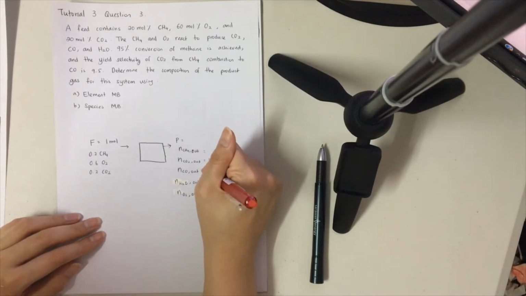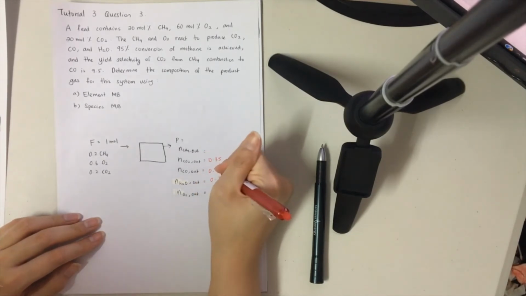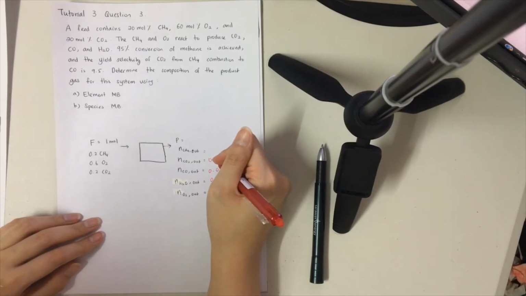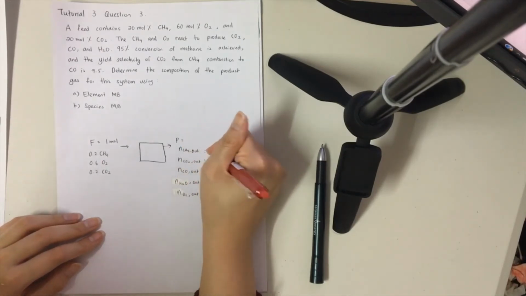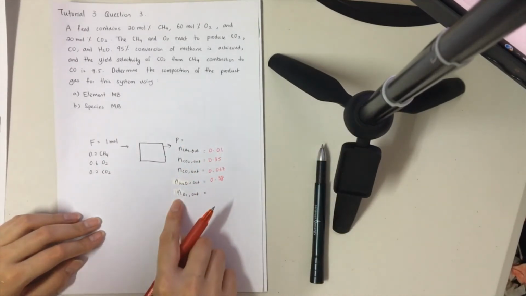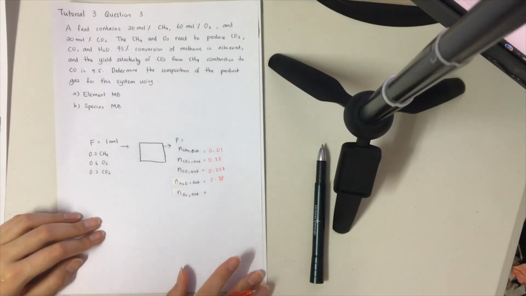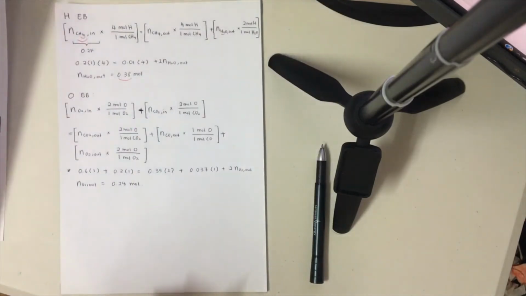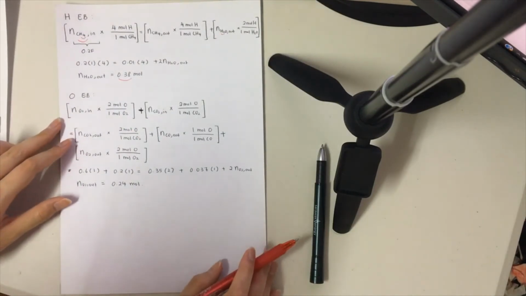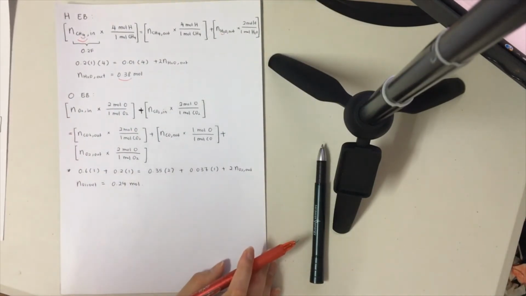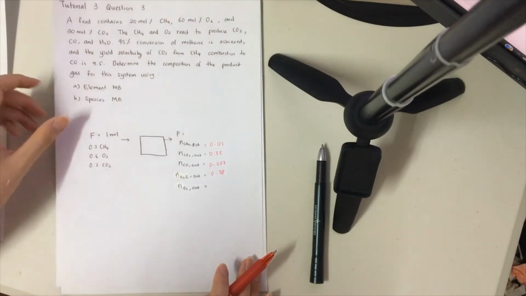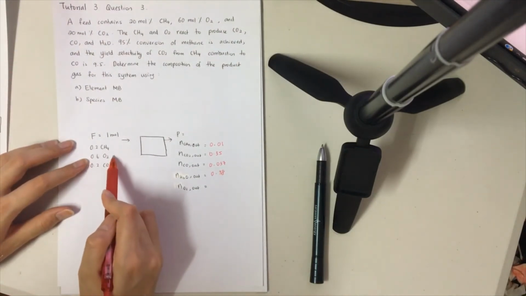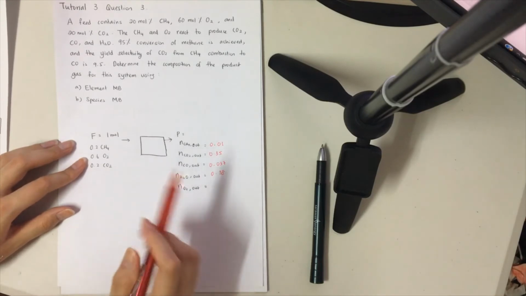CO out is 0.037. CH4 out is 0.01. So we are left with this. Therefore, we need to do O element balance. So O is found, the element O is found in oxygen here and CO2 in the feed.